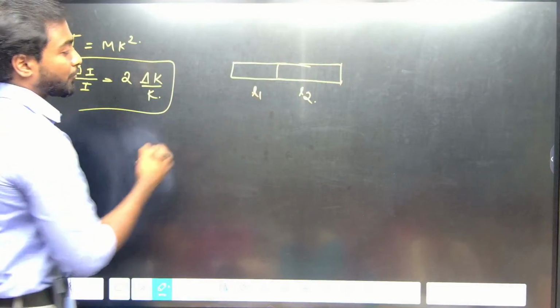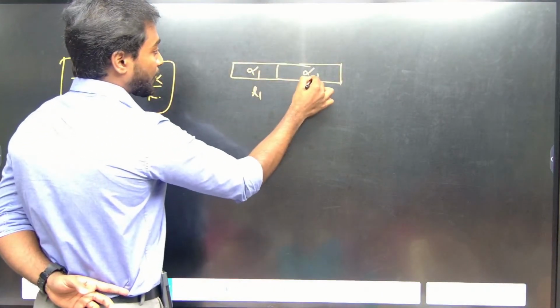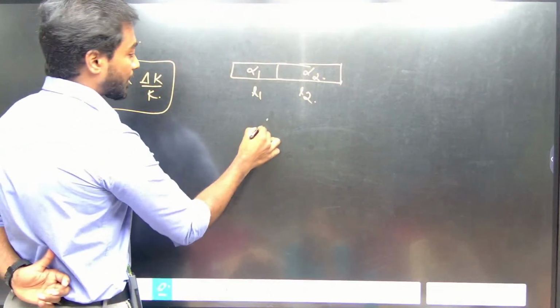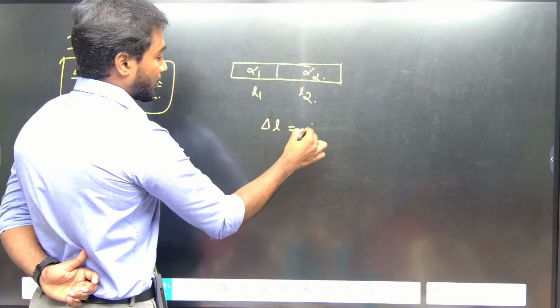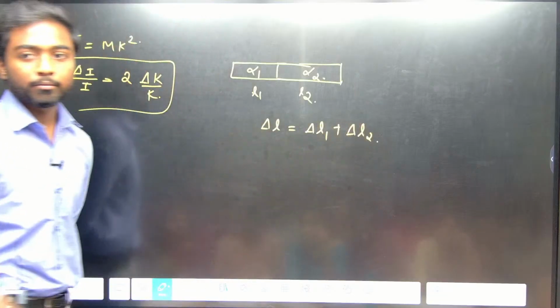So two different rods of lengths L1 and L2, with alpha 1 and alpha 2. Okay. So the change in length is the change in length of L1 plus the change in length of L2.